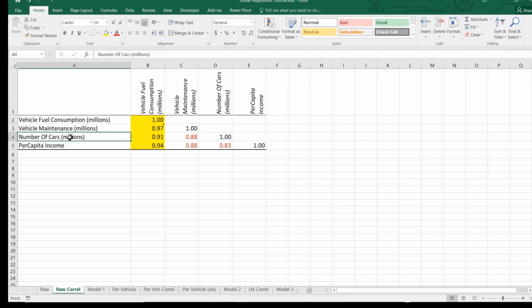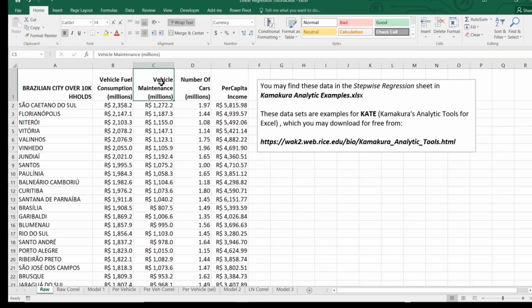So if I know that vehicle maintenance is highly correlated with number of cars, I can still use vehicle maintenance by transforming it into reais spent per vehicle. In other words, if I now divide this column C by D, I get a new variable called vehicle maintenance per car. How much each car, on average, how much is spent in maintenance per car.